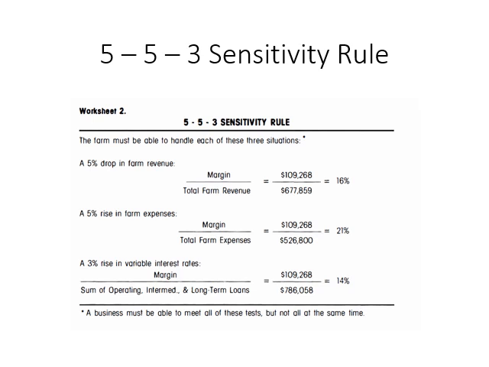And then the third calculation is related to interest rates. In other words, the margin of $109,000, and then we take the sum of our operating, our intermediate term, and our long-term loans and divide that. So in other words, if the interest rates went up by 14%, then we would still be able to meet our term debt payments. And so this gives us the ability to really measure the sensitivity of these 3 things that can happen.